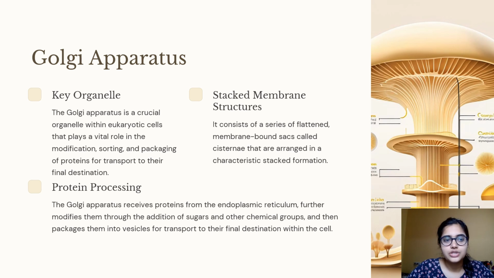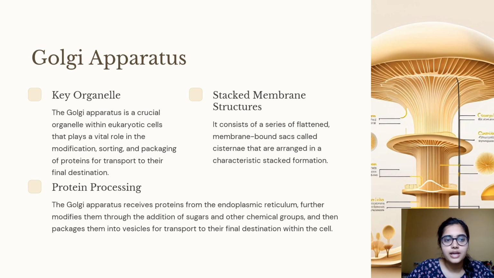Stacked membrane structures: these consist of a series of flattened membrane-bound sacs called cisternae that are arranged in a characteristic stacked formation.